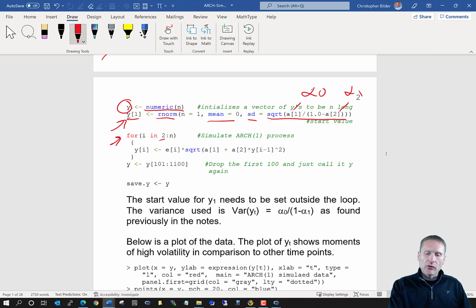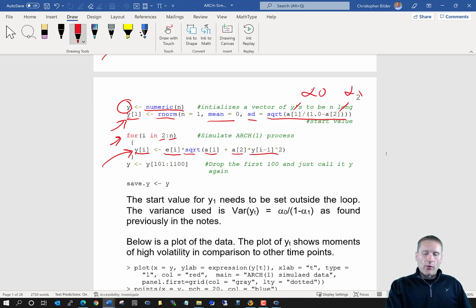I'm going to start from 2 to n, and here's my corresponding model, y sub i, or I could have called it y sub t. I generally don't use t as an index for loops because t is also a function that corresponds to taking a transpose of a matrix. So y sub i is equal to my epsilon at time period i times the square root of alpha 0 plus alpha 1 times y sub i minus 1 squared.